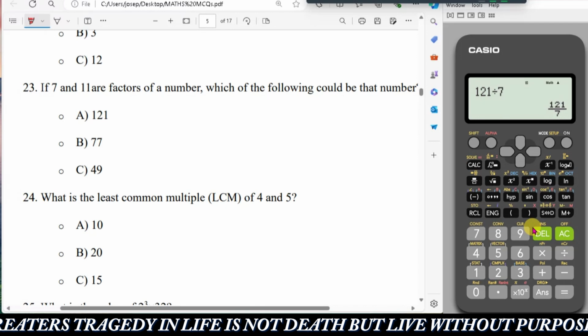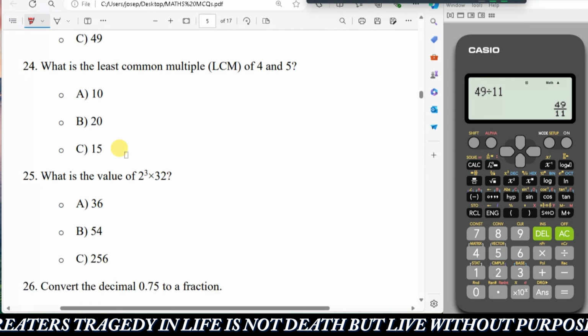You may want to test the last one, 49 divided by 7, that is giving you 7, but try the 11 and see where it goes. 49 divided by 11 is giving a fraction, which means it's not a factor, but they are saying that 7 and 11 are the factors, so we realize that it's only B, 77. This is how we deal with multiple choice questions to get the correct answer, so you can always get 100% out of your solutions.